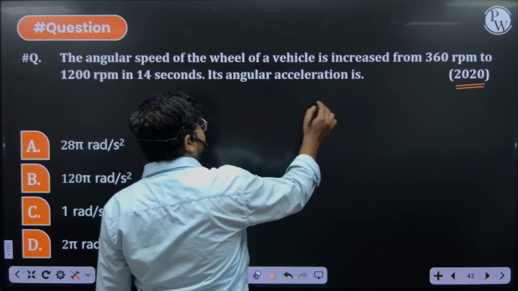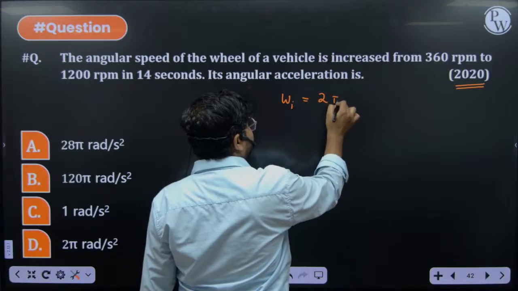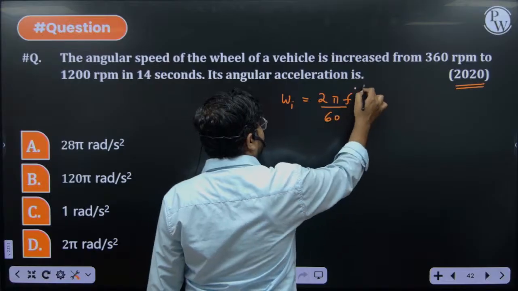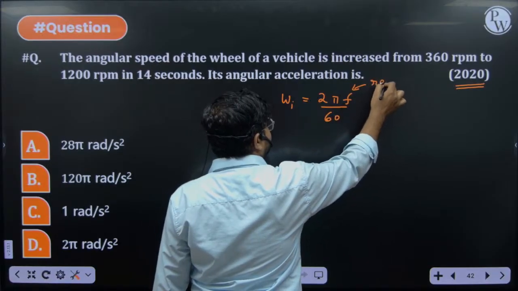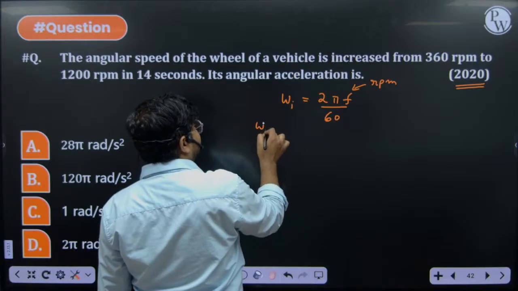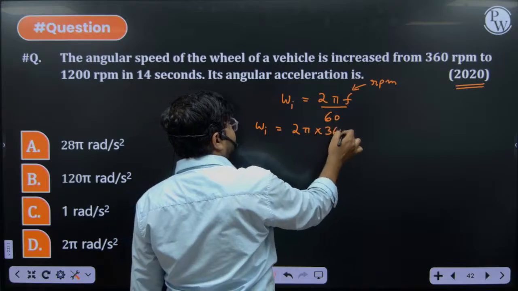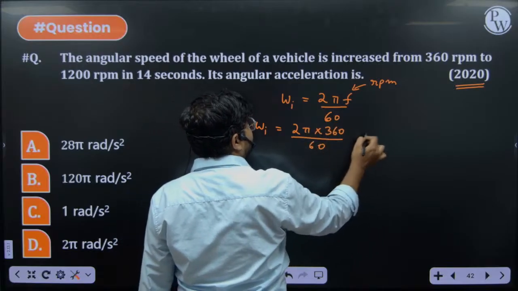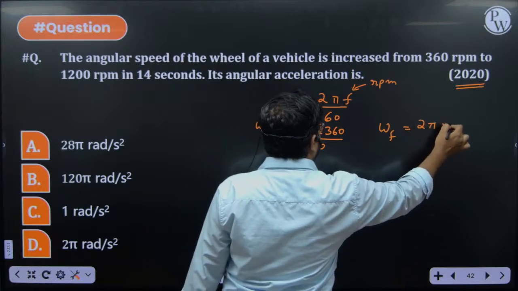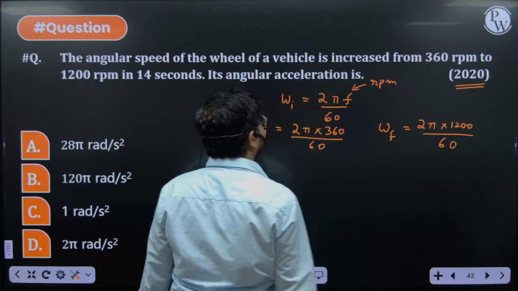So if the frequency is given, what is omega initial? 2 pi f by 60, and f should be in rotations per minute. So if you see here, omega initial will come out as 2 pi into 360 by 60. Omega final will come out as 2 pi into 1200 by 60.